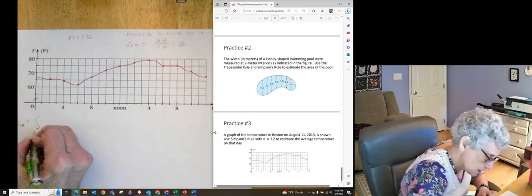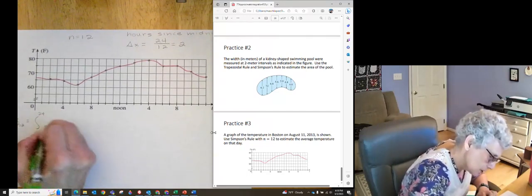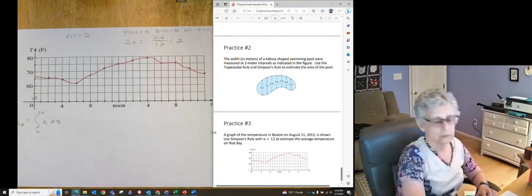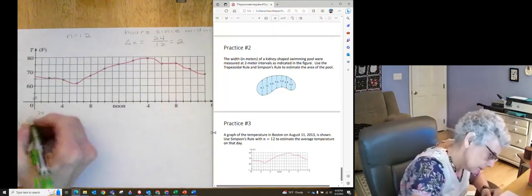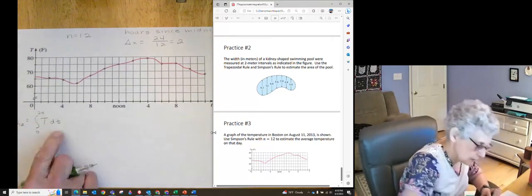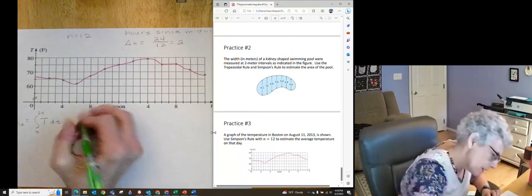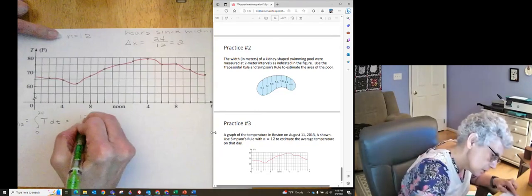And we could say it's the integral from 0 to 24 hours of the temperature. And let's call that capital T. Since we have little t as our inputs, we'll have capital T as our outputs. So we would have delta x, which is 12.